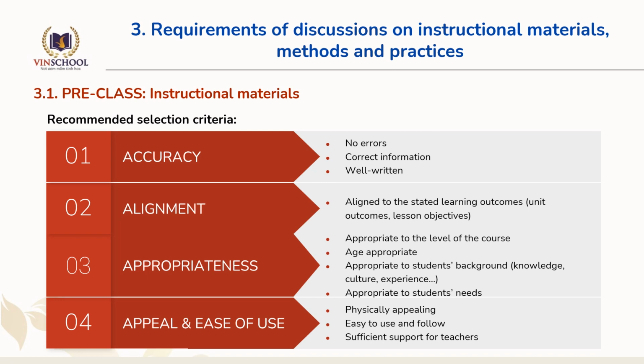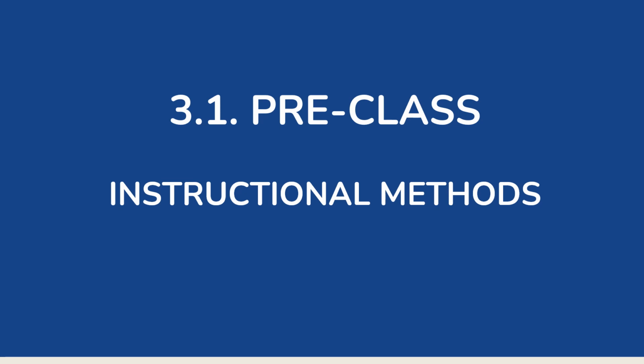And finally, we have appeal and ease of use. Physically appealing, easy to use and follow, and have sufficient support for teachers: teacher's guide, manual, instructions, assessment package, photocopyable materials, and answers. Next, we will talk about employing the selected methods in actual teaching activities.